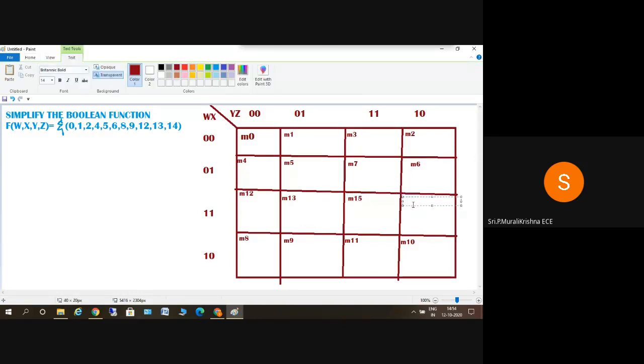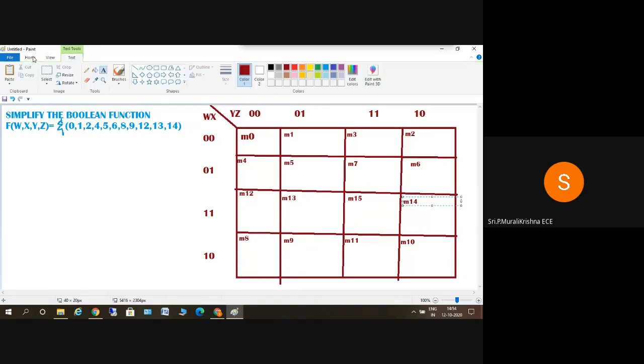Next one is M14. Okay, and these are the functions that are given here. So put a 1 for those functions.